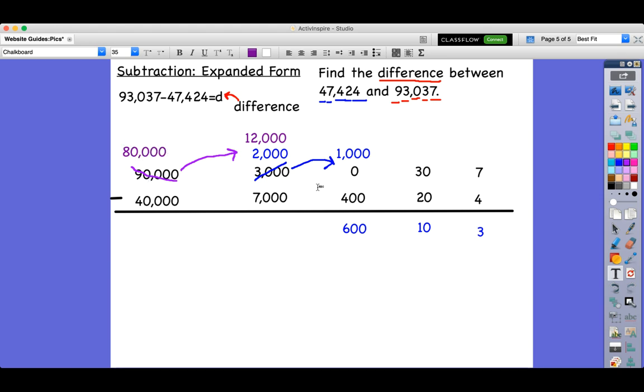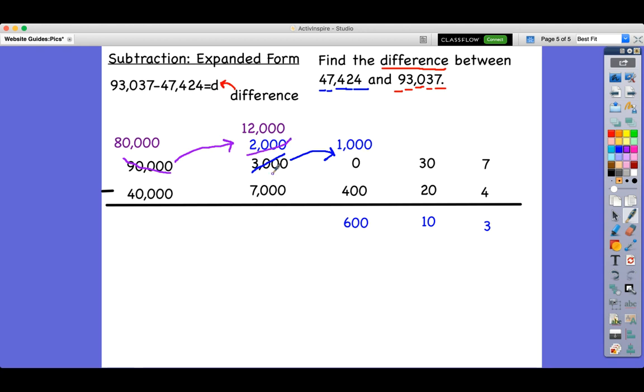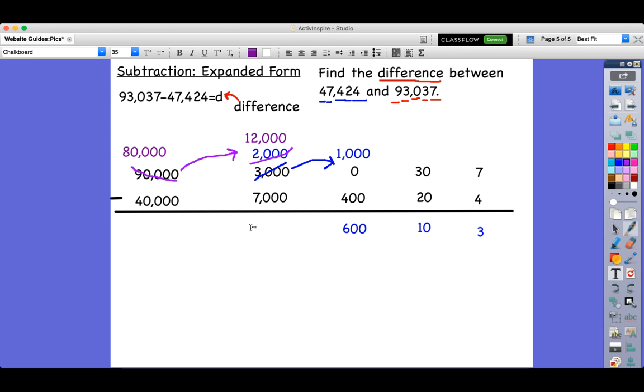So now I can cross off that 2,000. And now I'm going to do 12,000 minus 7,000. I know 12 minus 7 equals 5. So 12,000 minus 7,000 equals 5,000.